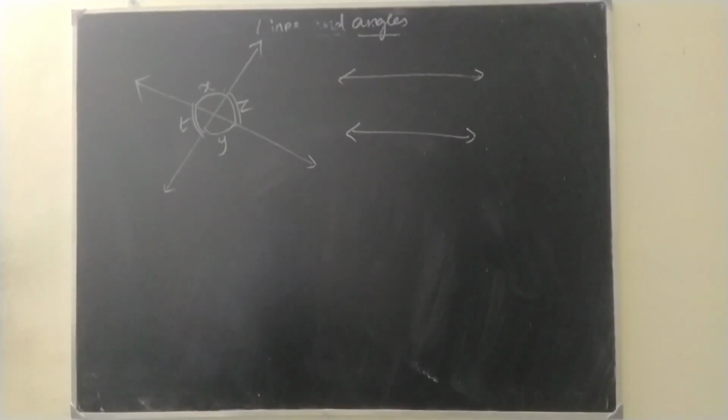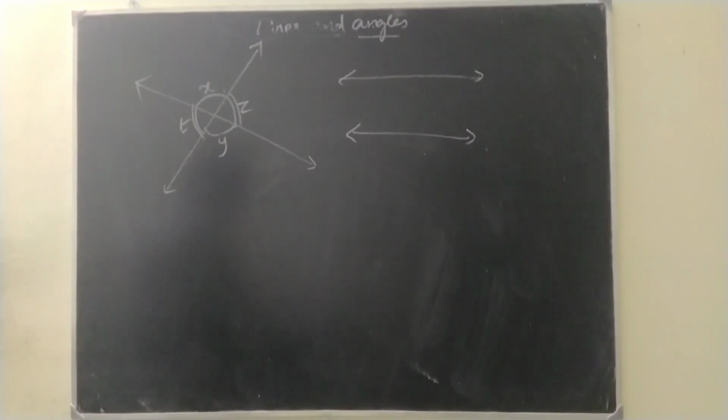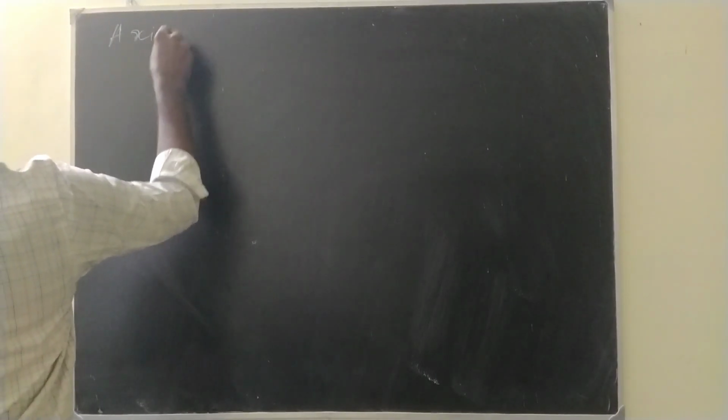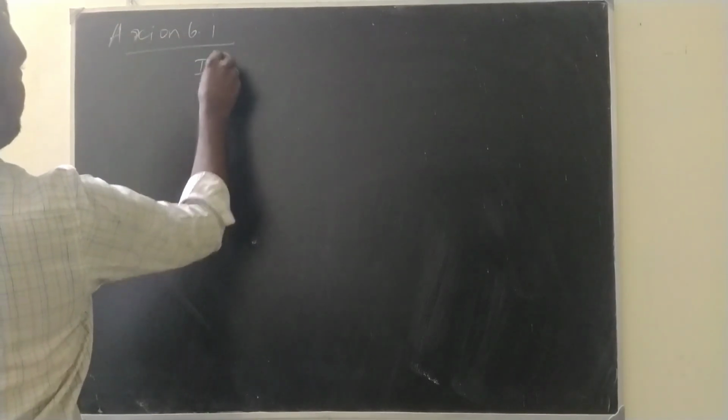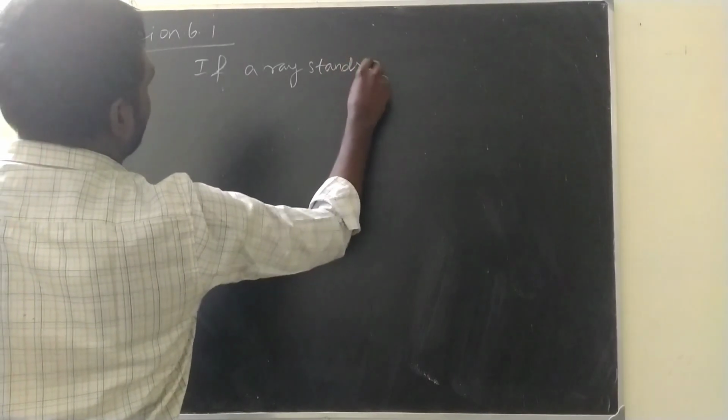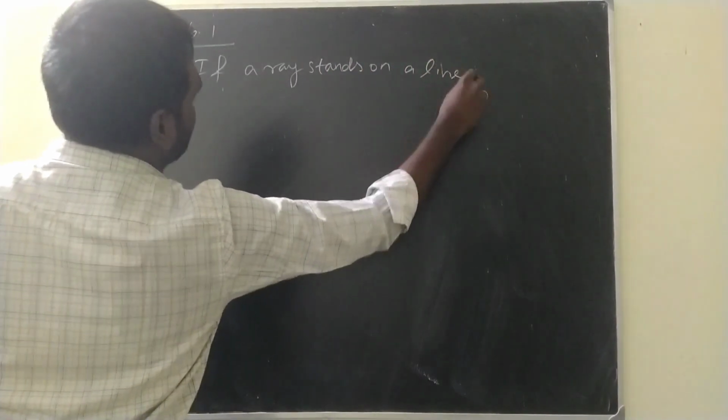This linear pair of angles is there, right? Using that, we are defining an axiom. If a ray stands on a line, what does that mean?